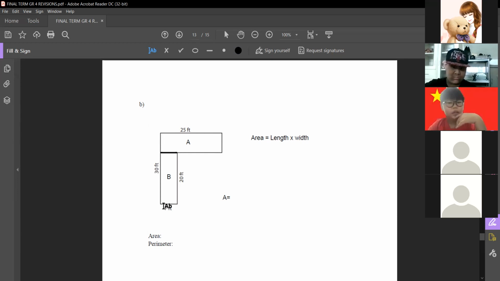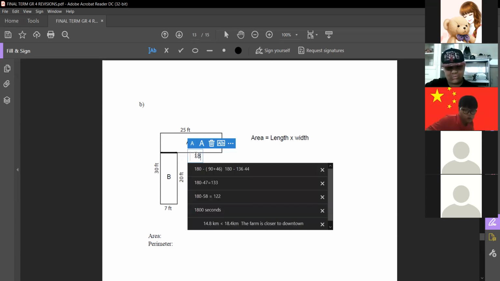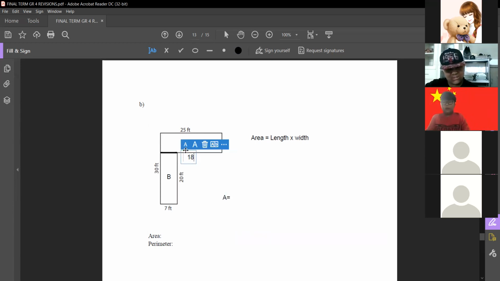If 7 is already given, what is the value for here? 18. 18 feet. Okay, let's say for here, 30 is already given. Here is 30, correct? Since 20 is already given here, what is the value for here?